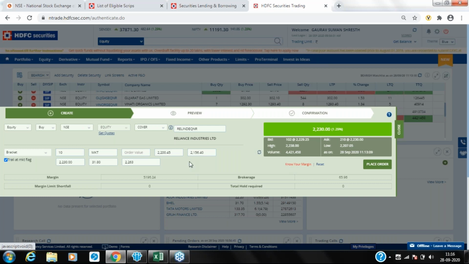One more important point of a bracket order is that it comes with a trailing stop loss feature. What does trailing stop loss mean? The current price at which we bought is around 2231, 2230 level approximately. As of now, our stop loss will remain pending at 2200 level.